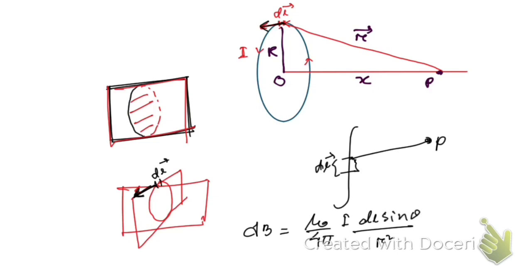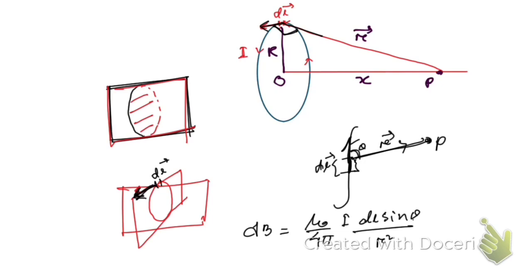So this theta is the angle between this r vector and dl. Here the direction of dl is this, and this is the direction of r vector, and the angle between these two is theta. But in this case dl is perpendicular to the r vector.